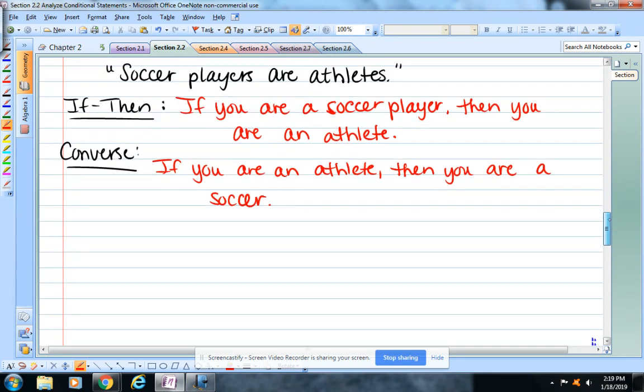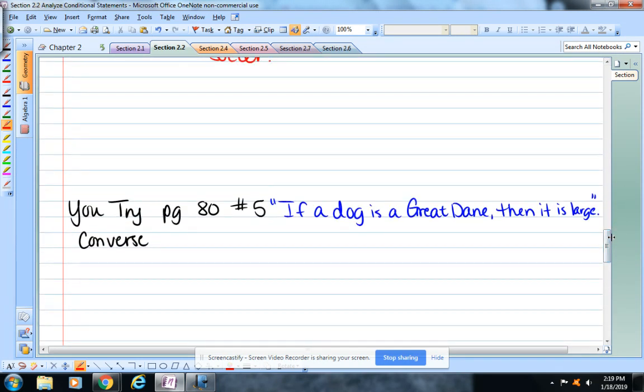All right, so y'all try this one. Write the converse. They gave you the if-then, you tell me the converse. If a dog is a Great Dane, then it is large. Tell me the converse. They can be slightly different, but I expect them to mean the same thing.